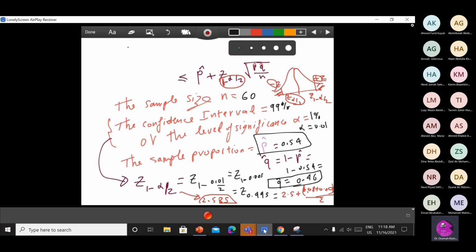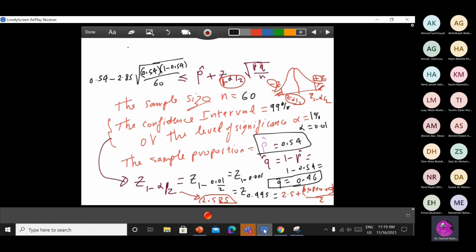So what is P hat? 0.54 minus Z alpha over 2, which is 2.85, times the square root of P, which is 0.54, times Q, or 1 minus P. I would like to write it as 1 minus 0.54, over N, 60.